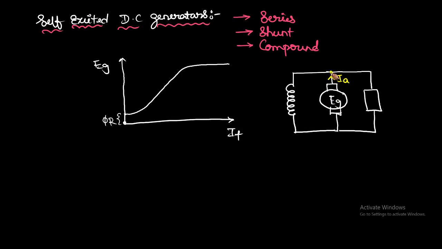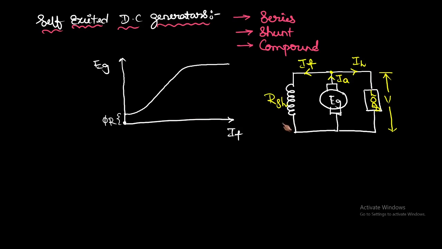After coming to this point, the armature current is divided into the field current If and the load current IL. This is the load, and the terminal voltage is V here. Here Rsh is the field winding resistance. So this is the shunt generator.